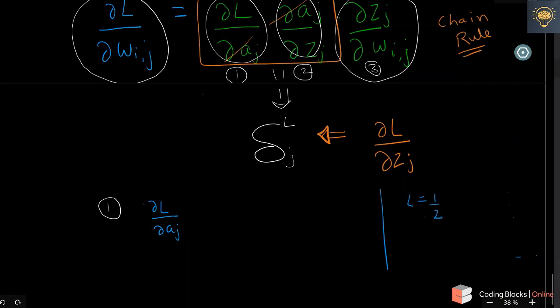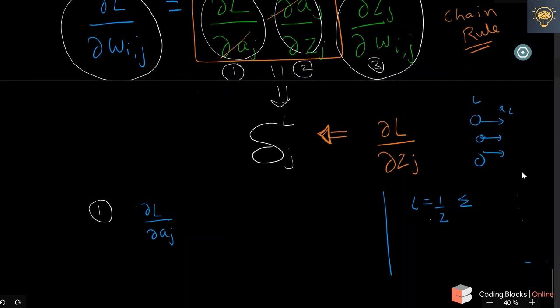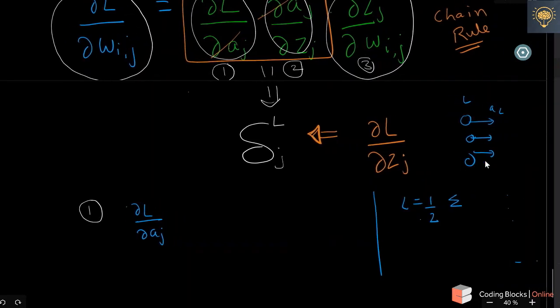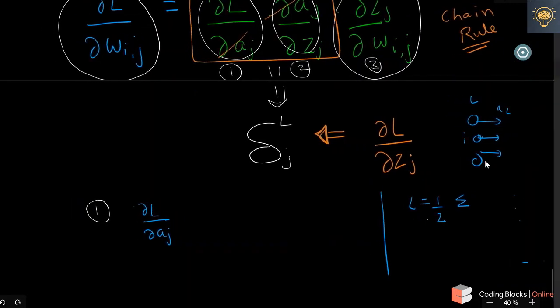Loss is given as half of the summation over the output layer L, which is producing some final output A^L. This output layer has a lot of units i, so A^L_i is the output of the ith unit, and I have some true output.